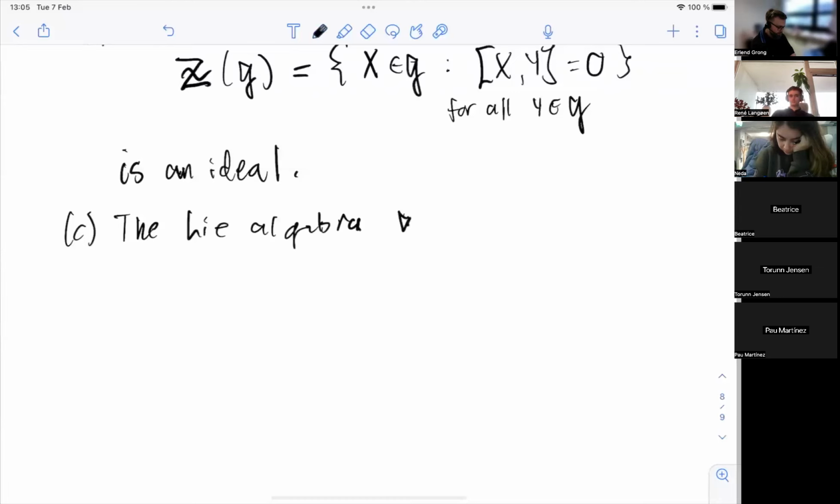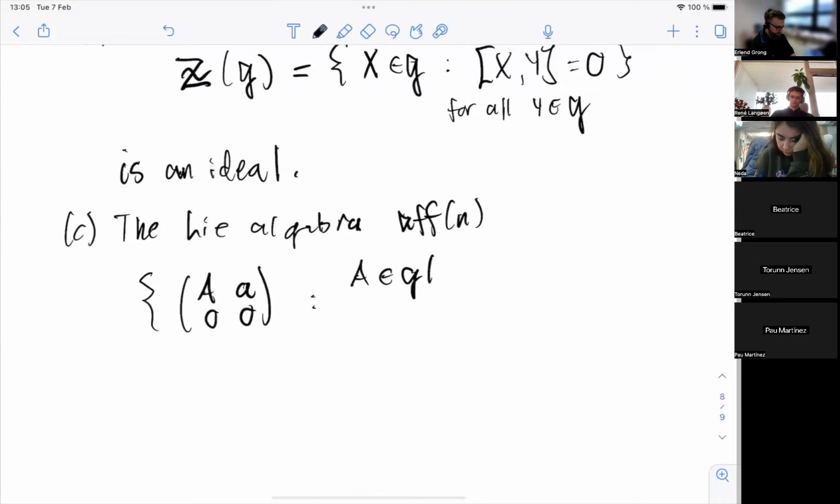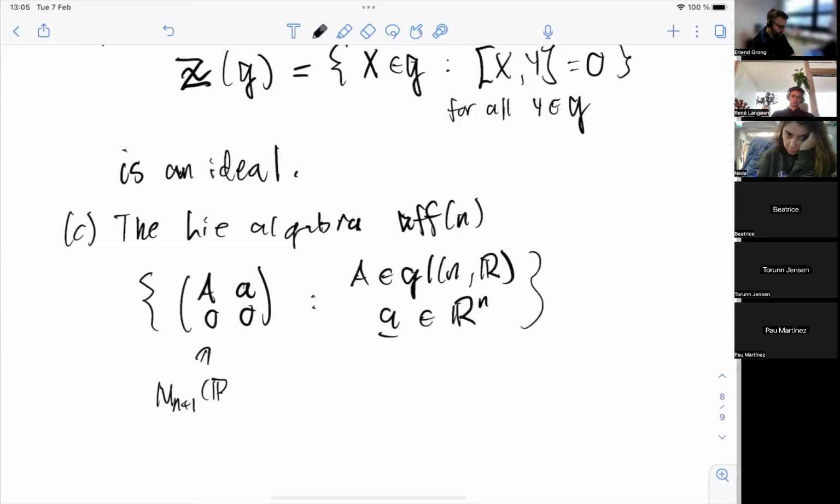Let's call it F n, which is the group of matrices with blocks A, a, 0, 0, where A is just a general real matrix and a is in R^n. So these belong to n plus 1 real matrices.